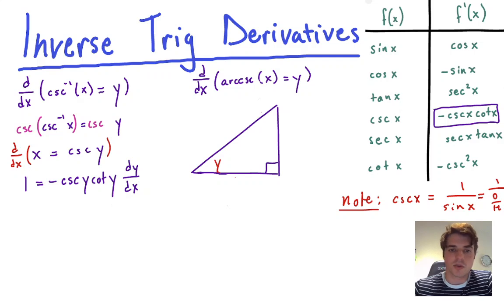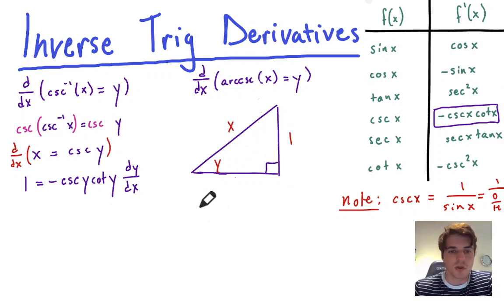So cosecant is h over o. Cosecant of y is equal to x. Whatever's in the numerator is going to be x, so in this case the hypotenuse, and the opposite side is going to be 1.